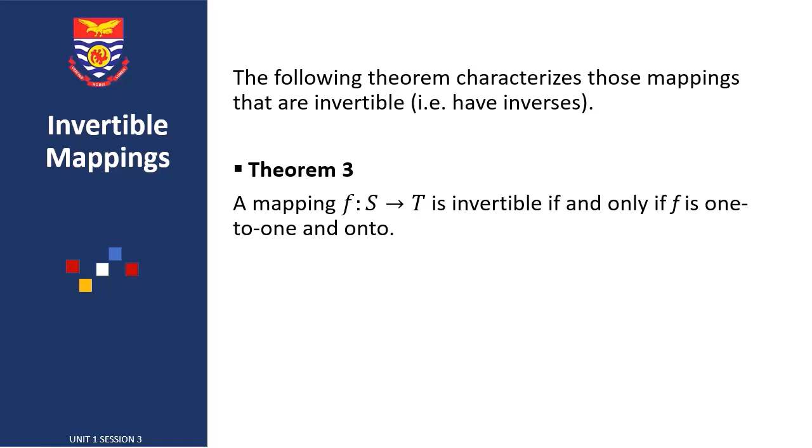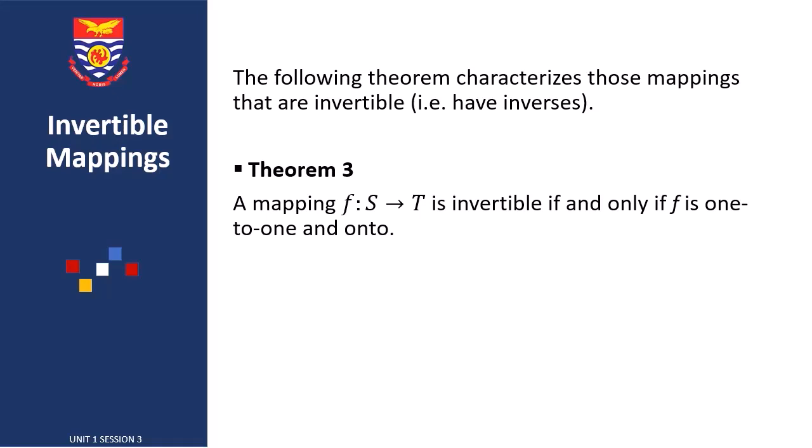So if your mapping is at the same time 1 to 1 and onto, then we say that mapping is invertible. So theorem 3 establishes that if a mapping is both 1 to 1 and onto, then it's invertible.